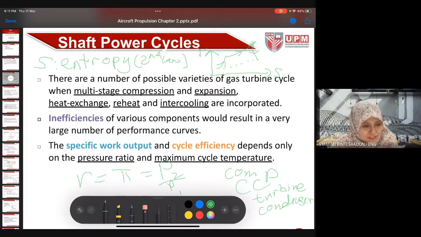Sometimes we note it as TIT, turbine inlet temperature, the inlet temperature of the turbine before the expansion process. This parameter, the maximum cycle temperature, also determines the specific work output and the cycle efficiency of a gas turbine cycle. So those two are some of the important parameters for a gas turbine shaft power cycle.